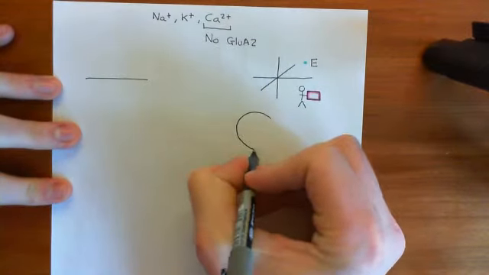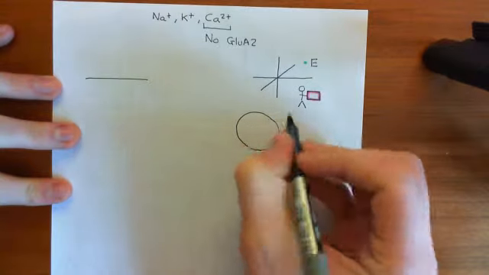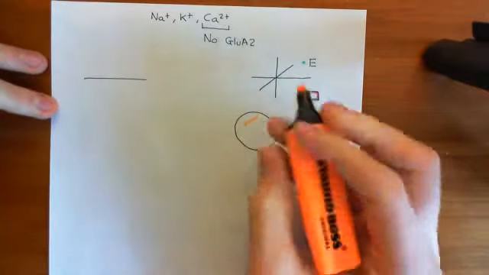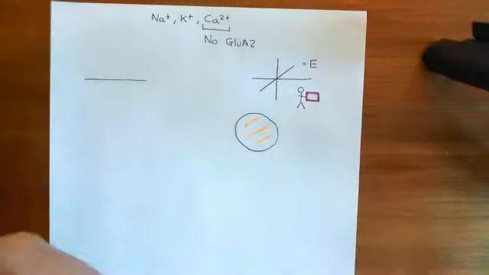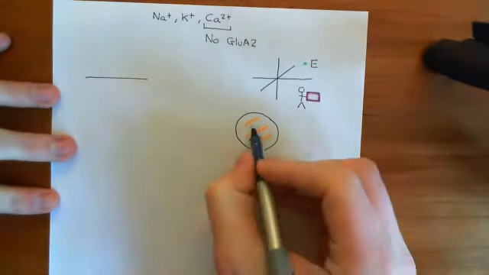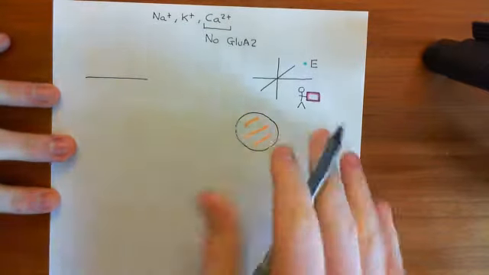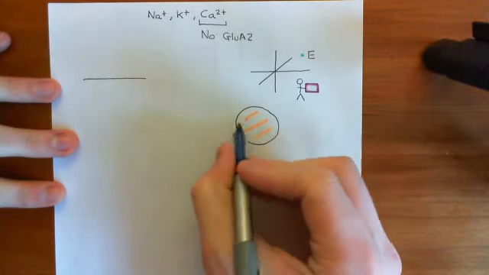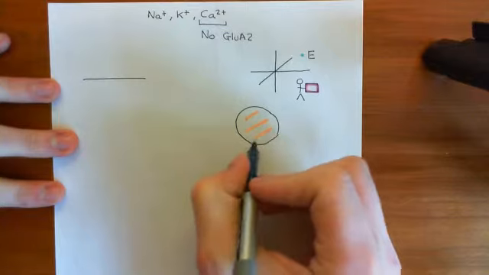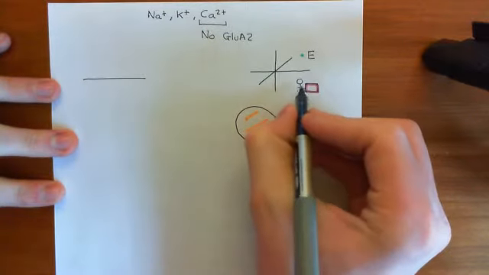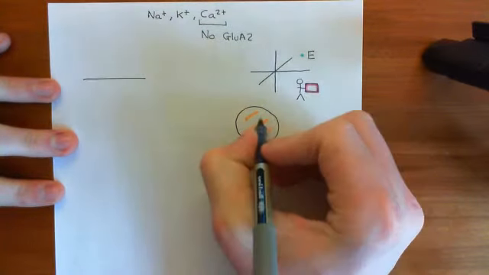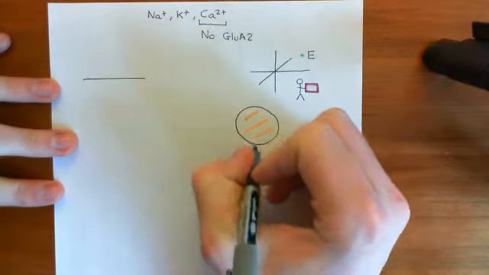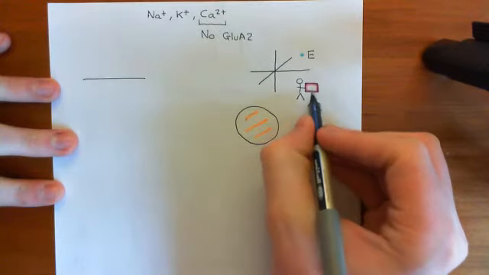Okay, so let's have a cell here. Basically, all the points inside the cell, so all the points within the intracellular compartment, which I'm now highlighting in orange here, all of those points will have the same electrical potential because they're all going to be in electrical equilibrium with one another. So all of the points inside the cell are going to roughly have the same electrical potential. So what that means is if this little man comes into the cell with this machine and walks around, he can stand wherever he likes and he will get the same number on his screen.